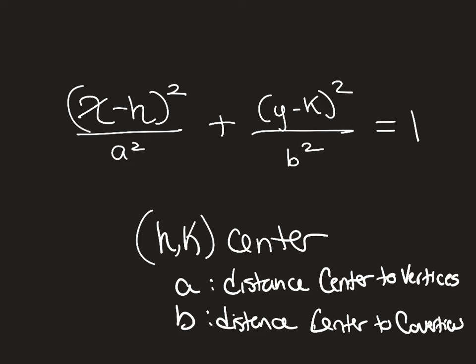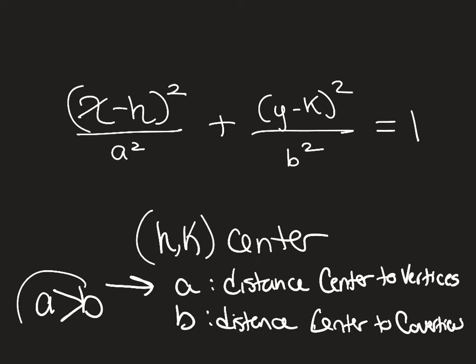One thing we need to note, this A is always bigger than B. The distance from my center to my vertice will always be bigger than the distance from my center to my co-vertice because the vertices are always farther away.